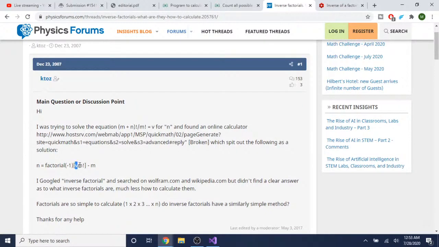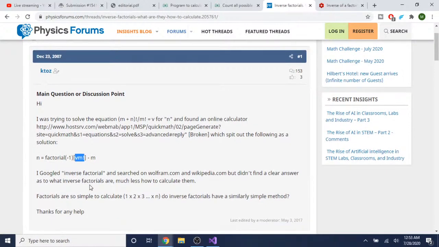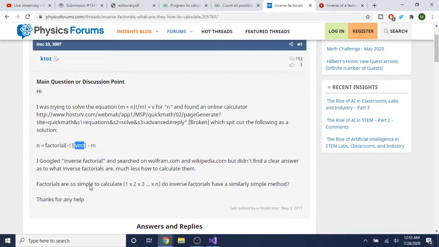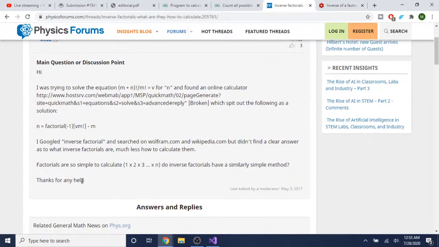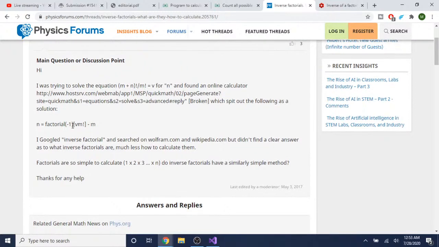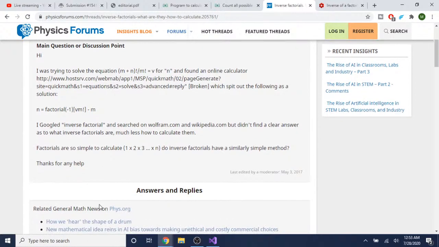What is this? What's NV1? I don't understand. V times m factorial. Is this a multiply? These brackets?